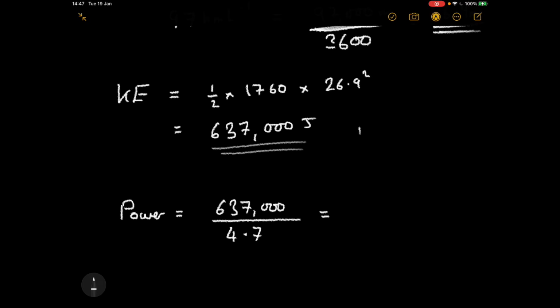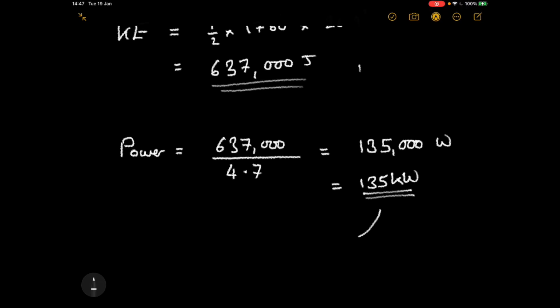And we get a power of around about 135,000 watts, or 135 kilowatts. So the output power of this engine, because we'll come to efficiency later, this is the useful output power, is 135 kilowatts. So equivalent to 135 kettles.